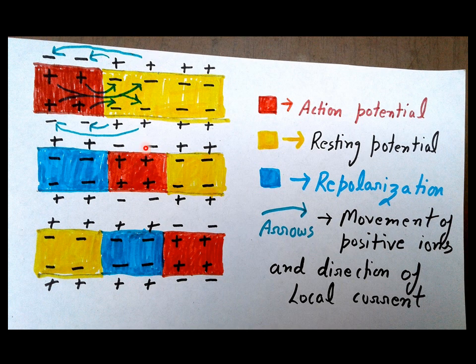At the same time, the backward side of the membrane is under repolarization to achieve the resting potential. In the area which has just generated the action potential, the sodium channels get inactivated, so no new action potential can be generated here. In this way, the action potential travels in the forward direction toward the synaptic knob. The propagation of action potential in the neuron is called a nerve impulse.